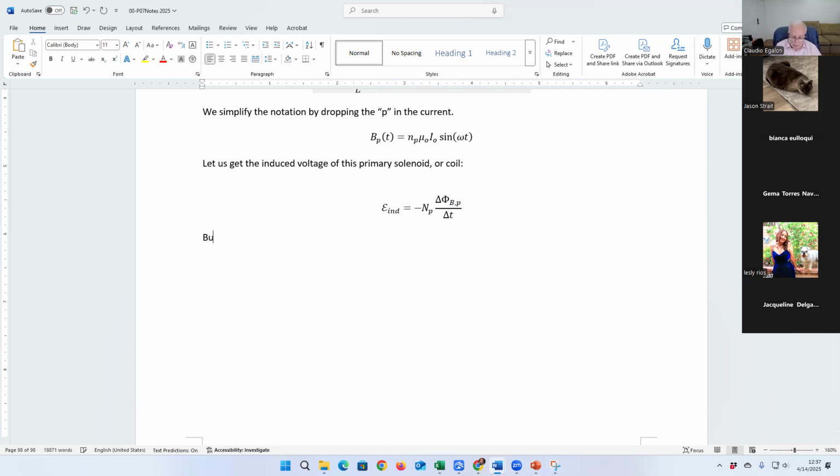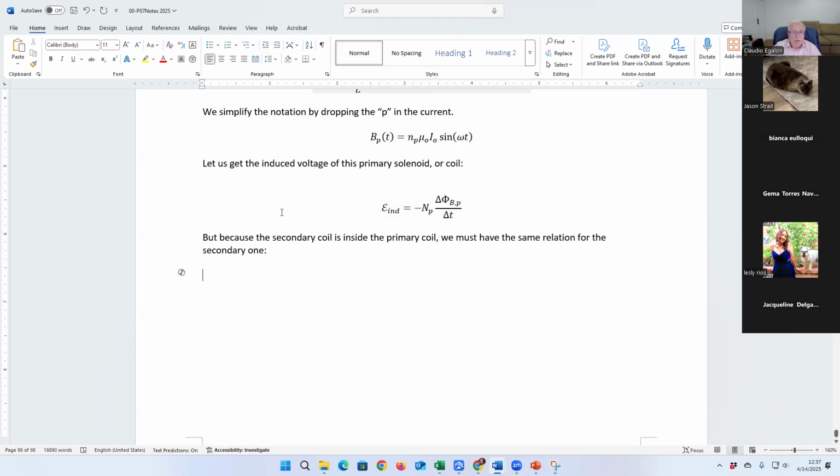But because the secondary coil is inside the primary coil, we must have the same relation for the secondary one. Okay?